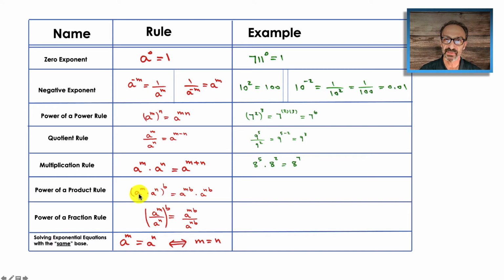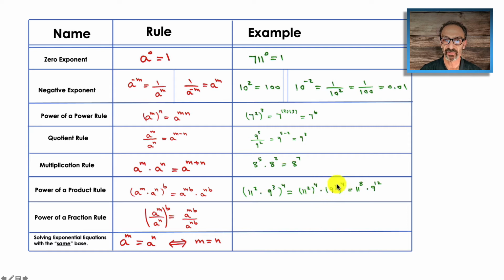It doesn't have to be the same base. It could be two powers inside, and the exponent outside gets applied to both powers inside, as you can see. In multiplication, m times b and n times b. For example, I tried to choose a different number right here, just to show you that it doesn't have to be both 11. 11 to the power 2 times 9 to the power 3, all raised to the power 4, becomes 11 to the power 2 to the power 4 times 9 to the power 3 to the power 4.